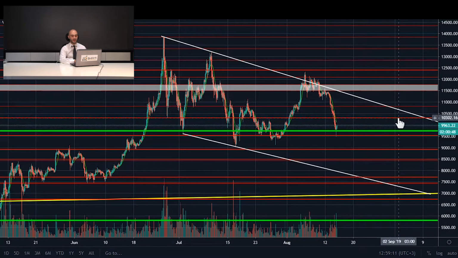After that we will see the main trend of Bitcoin: whether the price will cross this white trend line, or continue to move downwards until touching this yellow trend line. So we are watching this green line for the short-term trend of Bitcoin, but again, as long as the price stays under this white trend line, the general trend of Bitcoin is still negative and downwards.